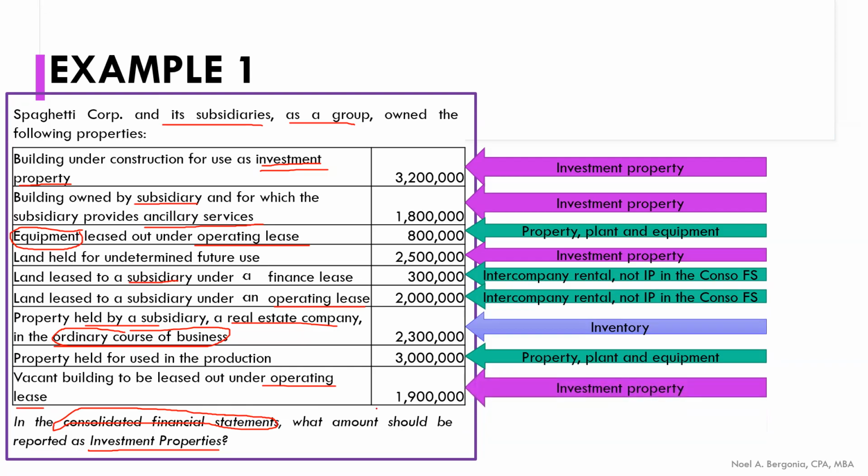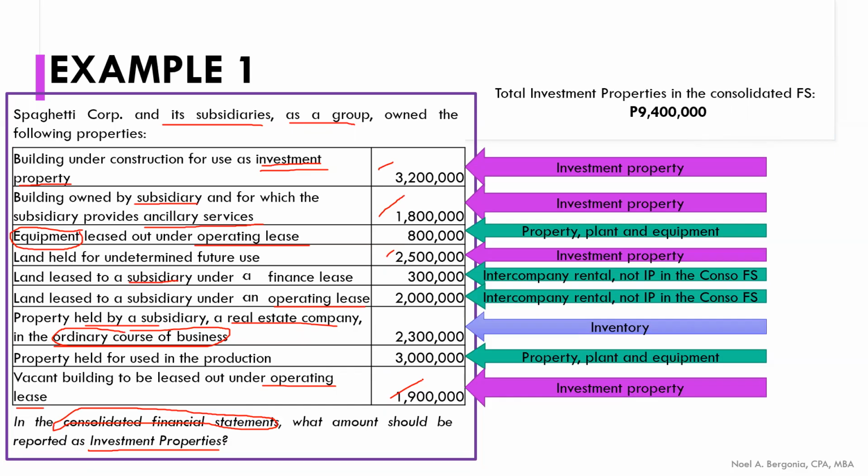So considering all of the items, no? The 3,200,000 plus 1,800,000, okay, plus the 2,500,000, and also plus the 1,900,000. So the total investment property under our consolidated financial statement, no, at the end of the year will be 9,400,000.